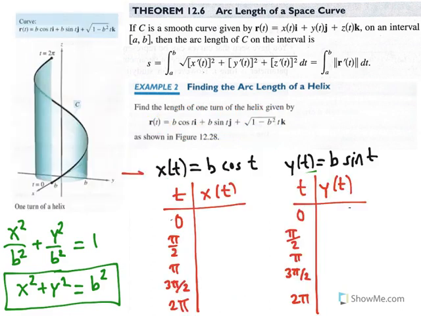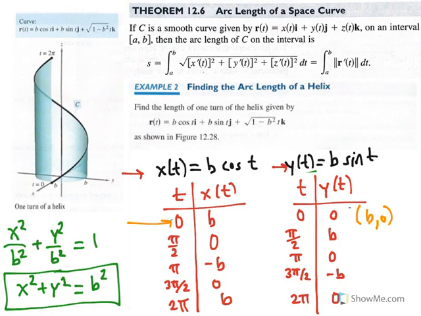So when we look at just the x and the y component functions, we can evaluate each of the two functions at these chosen values of the parameter t, and we will get the output values that you will see now. And putting those together, you're going to get ordered pairs that are (b, 0) corresponding to t is equal to 0, b is for x, and 0 is for y.